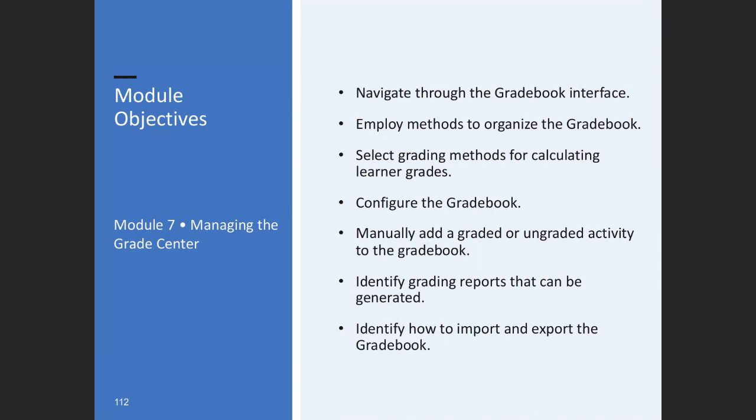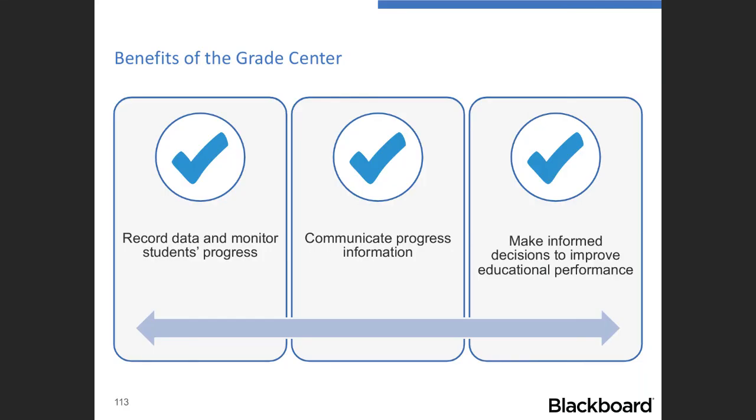So, thinking about the grade center or the grade book, the grade book is a powerhouse within Blackboard Learn that allows teachers to reduce the amount of time they spend grading learner performance. And it also allows the learners to obtain immediate feedback on their work.